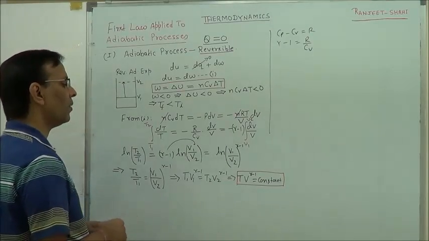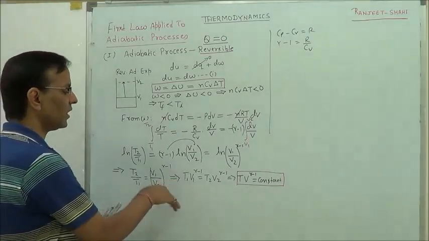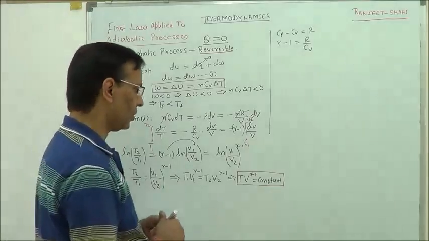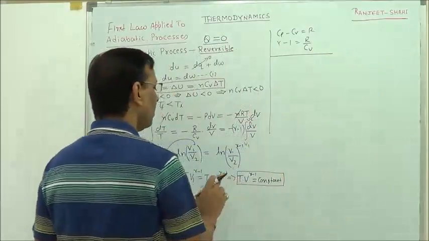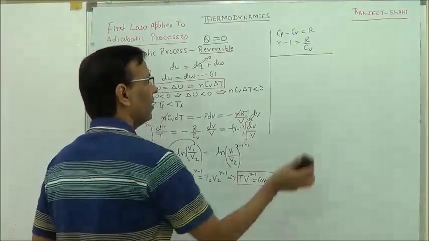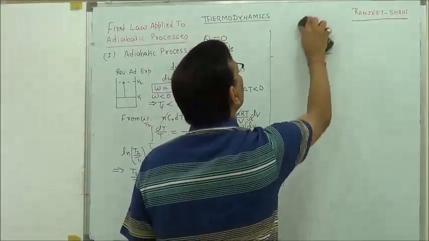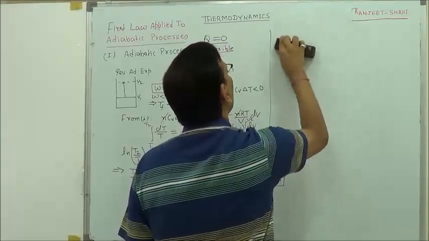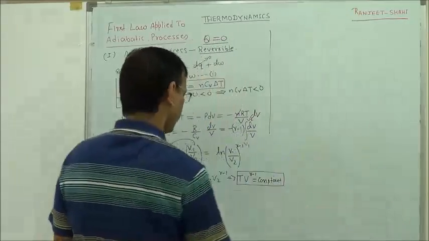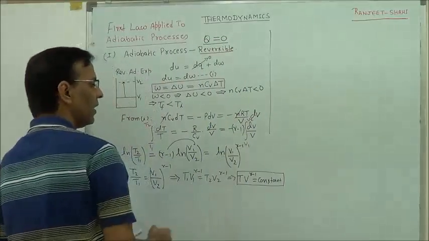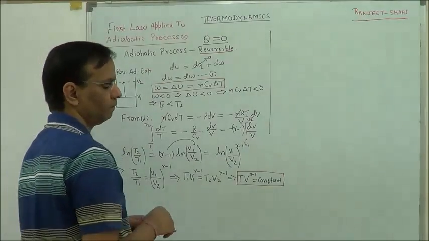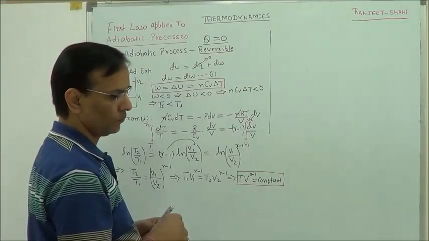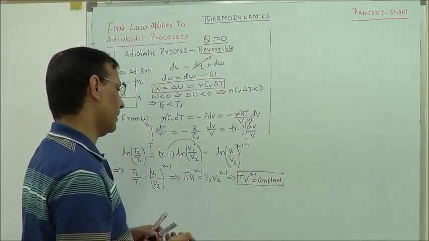So if we want to derive a relationship between pressure and volume, substitute temperature by pressure. T can be substituted as PV by nR.